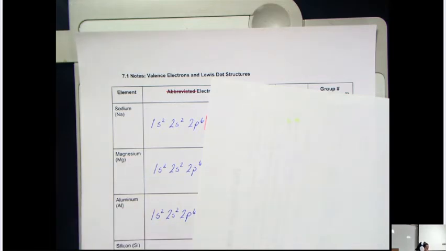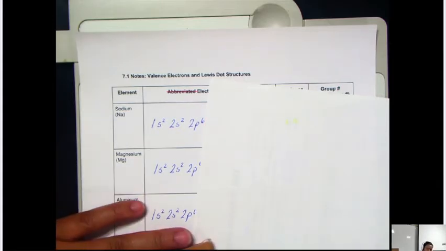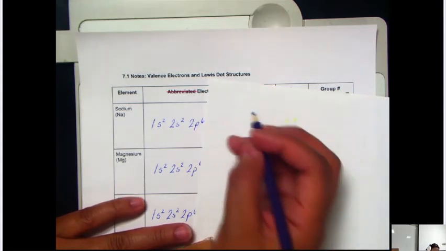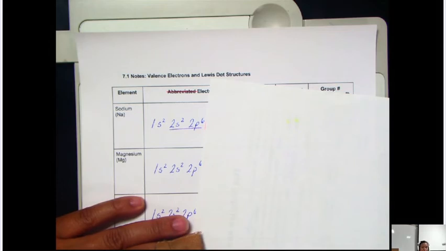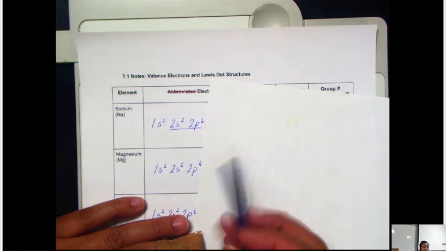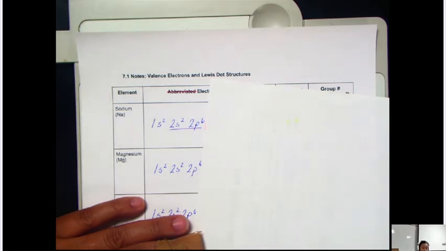So as far as its outer shell now, if you look at the configuration, it's 2s2, 2p6. That is now its outer level. So now 2 plus 6, it now has its 8 valence electrons. It is now stable like a noble gas.